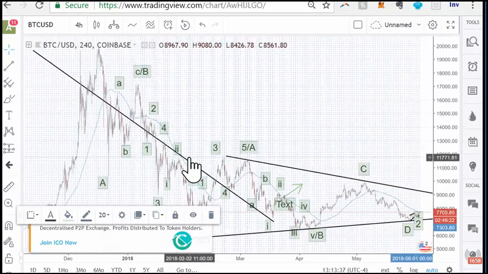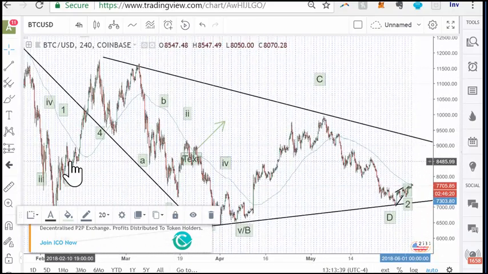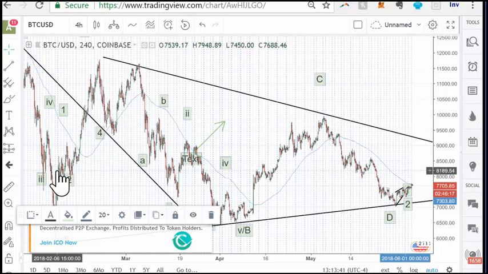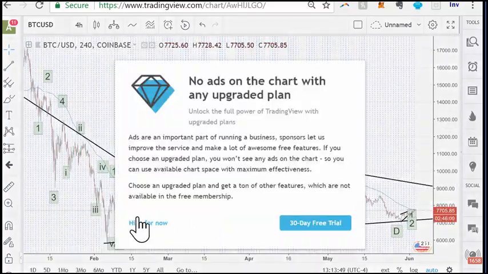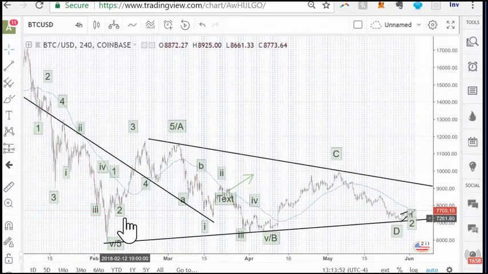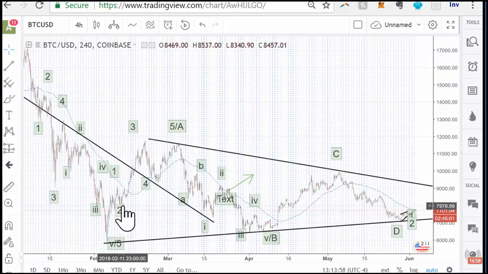Now, in a previous video, when it was at 8,100, I said that the optimal buy point would be if it were to pull back into the 7,400 or 7,500 zone. That pullback only went to 7,900.